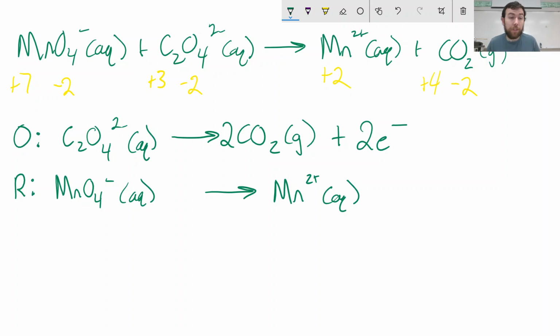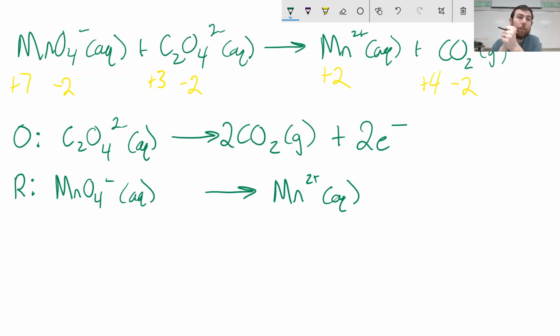Well, if you remember your steps, the steps tell us that we want to balance out the number of atoms on each side first by looking at things that aren't oxygen and hydrogen. When we look at our manganeses, we have the same number of manganeses on both sides. Okay, so manganese is balanced, but then we look on the reactant side and we've got those 4 oxygens that are present.